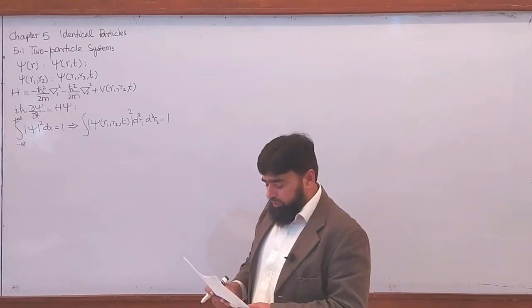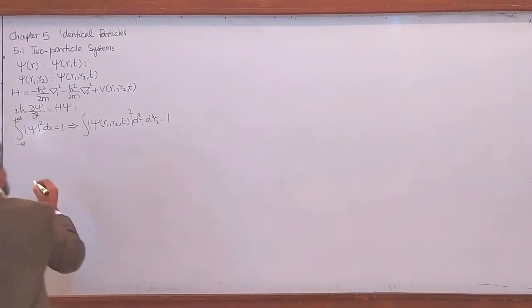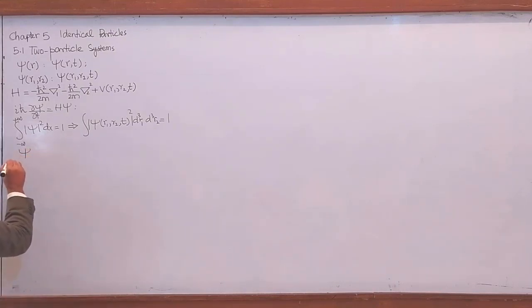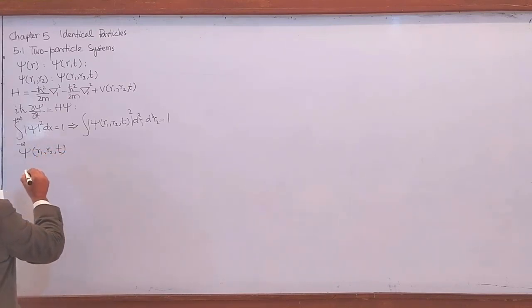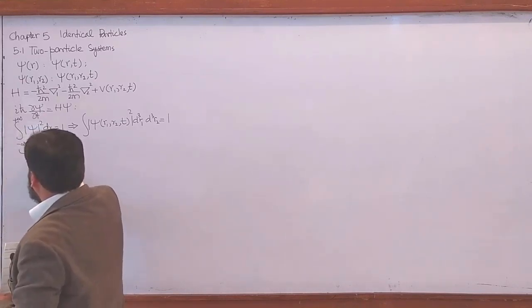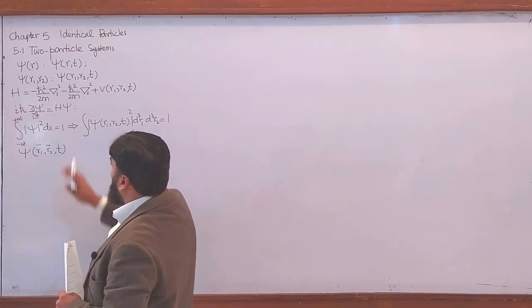And here I will write this as d cube r1, d cube r2, and this will be equal to 1. So I will have the normalization like this. And the time-dependent psi of r1, r2, and t, you can put a vector sign here because these are vectors, but I am ignoring it.